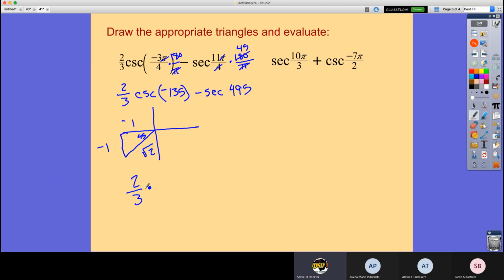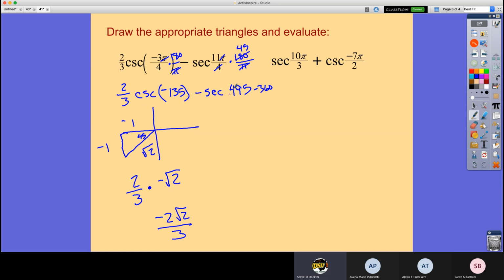So it'd be square root of 2 over 1, or over negative 1, which would just be a negative square root of 2. So then this term turns into negative 2 square root of 2 over 3. All right, questions there at all?